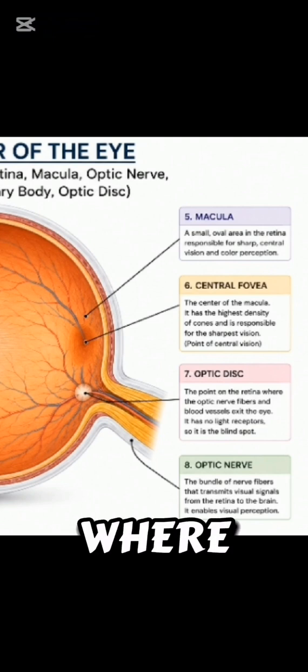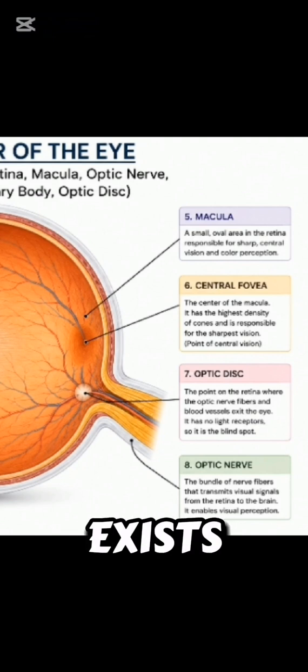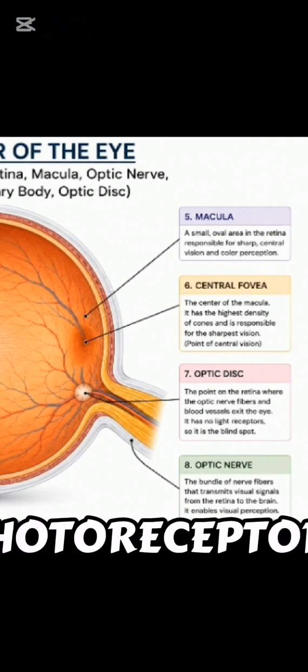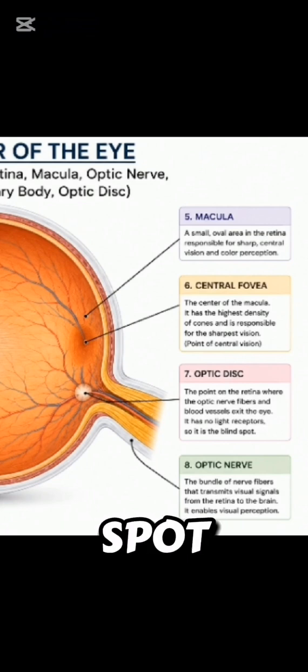It is the point where the cones and rods leave the eye. The optic disc, also called the blind spot, is an area where the optic nerve exits the eye. It lacks photoreceptors, hence is referred to as the blind spot.